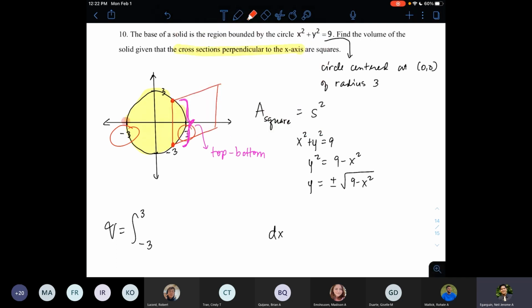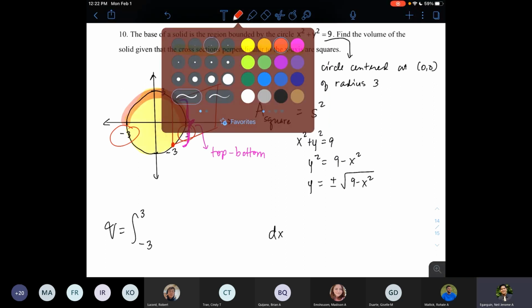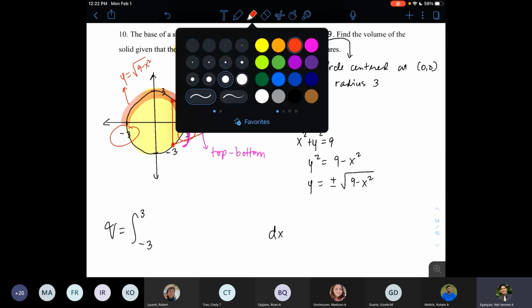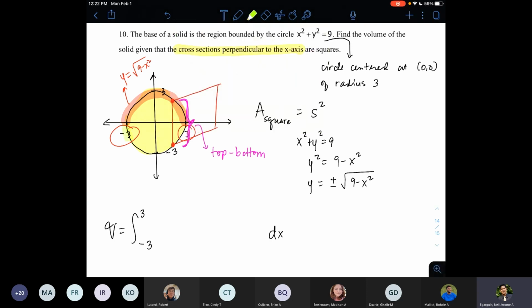Remember this top portion? That is the one that has an equation y equals root of 9 minus x squared. And the bottom half of the circle, this guy, has equation y equals negative root of 9 minus x squared.